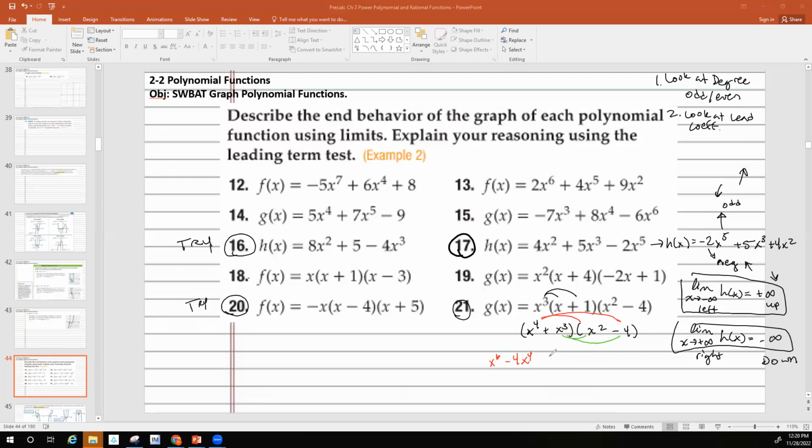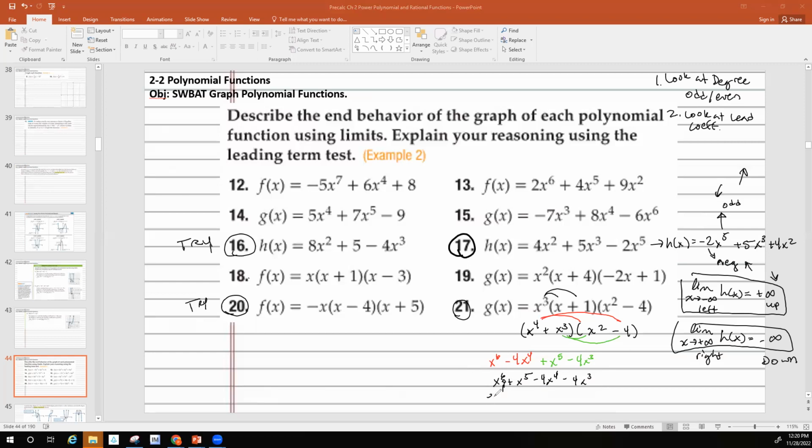X cubed times x squared gives us x to the fifth. Remember, when you multiply the same base, you just add the exponents. Then x cubed times negative 4 is negative 4x cubed. Put it in order, and we get x to the sixth plus x to the fifth minus 4x to the fourth minus 4x cubed.